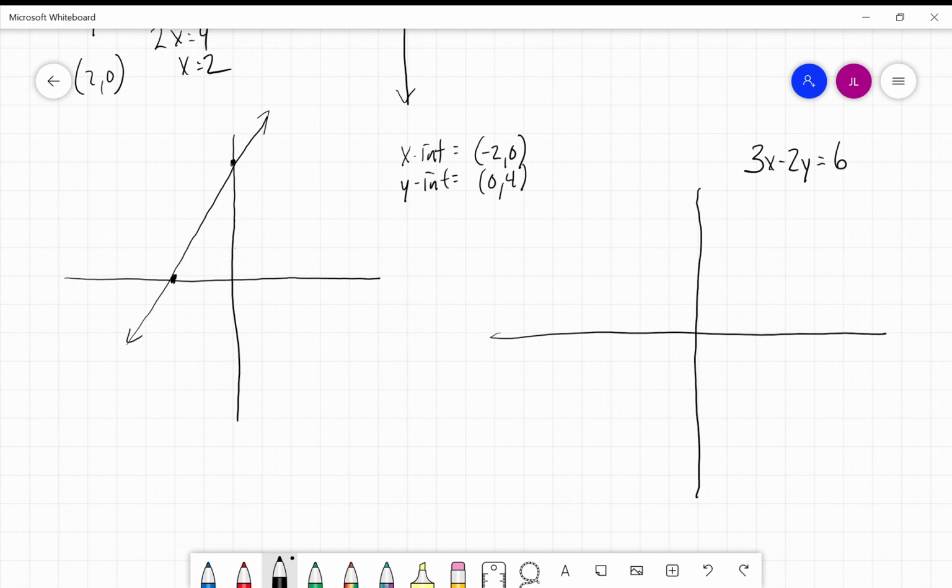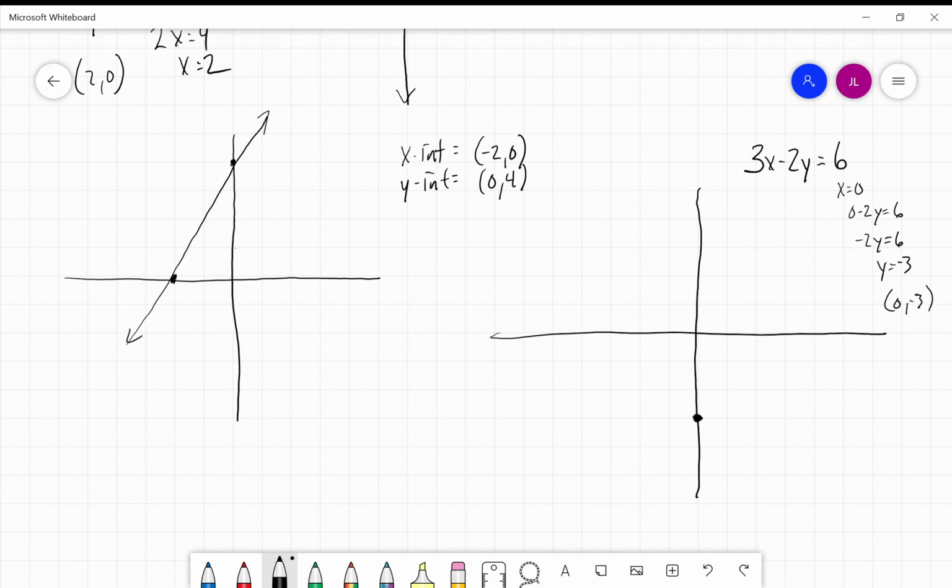In this case, if we say x is equal to 0, this will give us our y-intercept, and if we put that in, we get 0 minus 2y is equal to 6. Negative 2y is 6, so y is -3. So one point we have is (0, -3). So 0 on the x, -3 on the y, remember negative, we're going down.